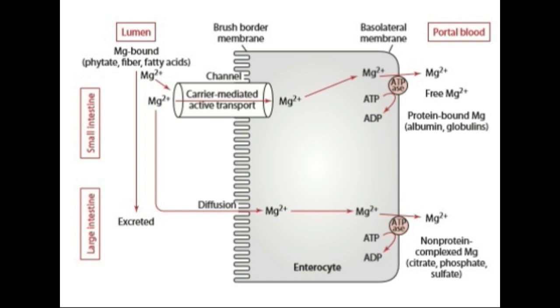Then it goes to the blood where it binds with protein, becoming protein bound magnesium, that is magnesium bound with albumin and globulins. And sometimes magnesium Mg2+ is transported as such, called non-protein complex magnesium, connected with citrate, phosphate and sulfate. So it is transported either as protein bound magnesium or non-protein bound magnesium.